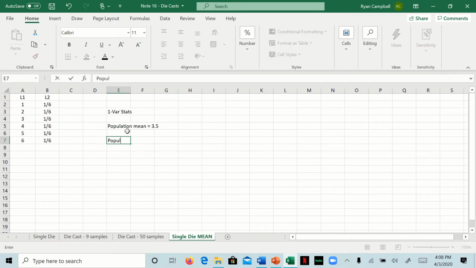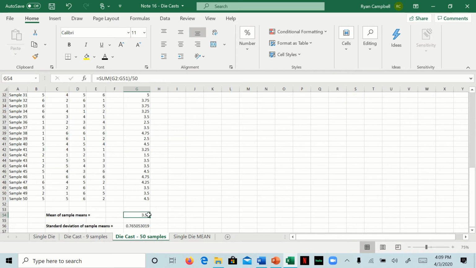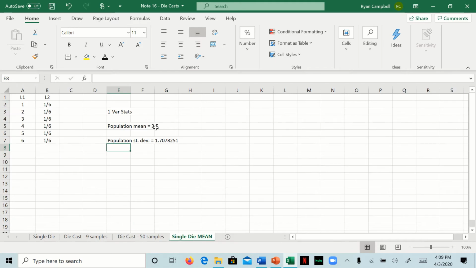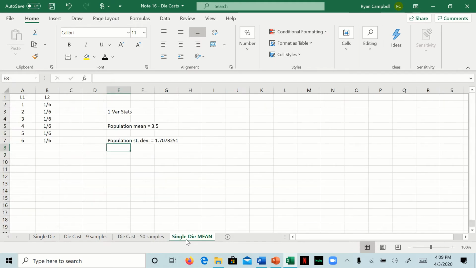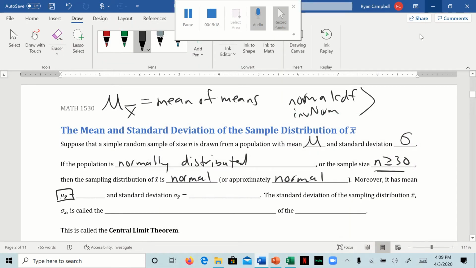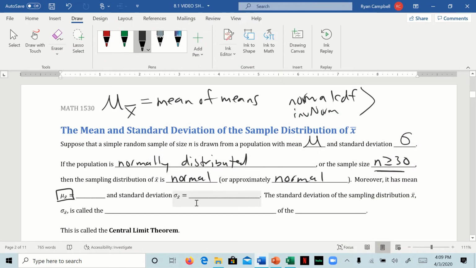We also can see the population standard deviation is 1.7078251. So we can see that the mean of the samples is relatively close to the actual mean itself. So what we can write is that the mean of the means is, we can just say it's mu.